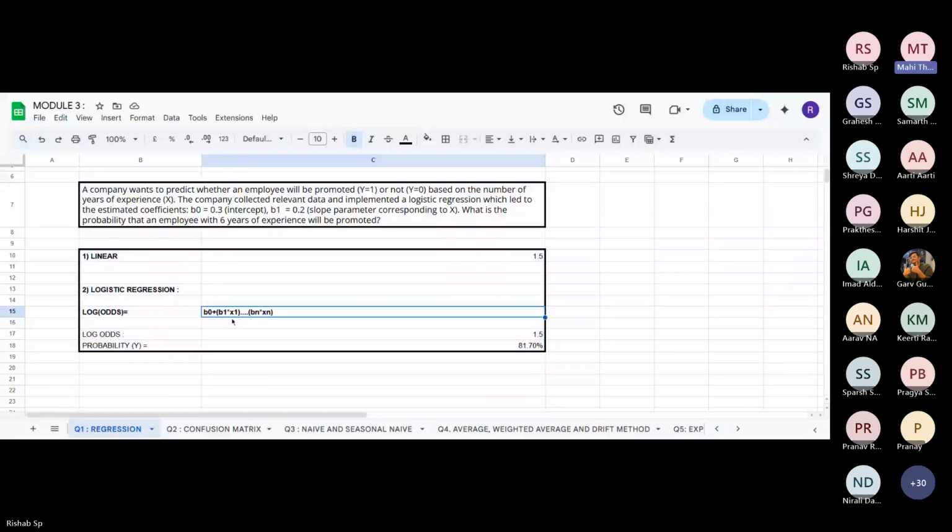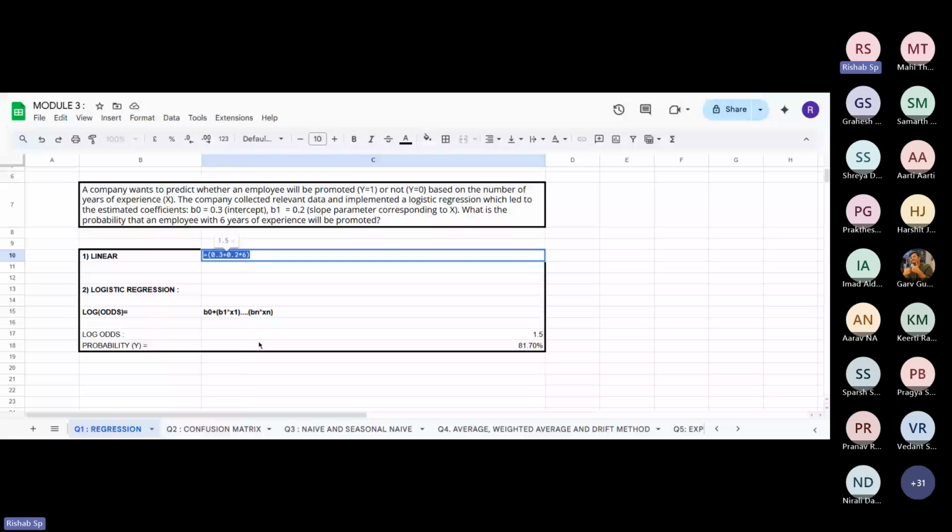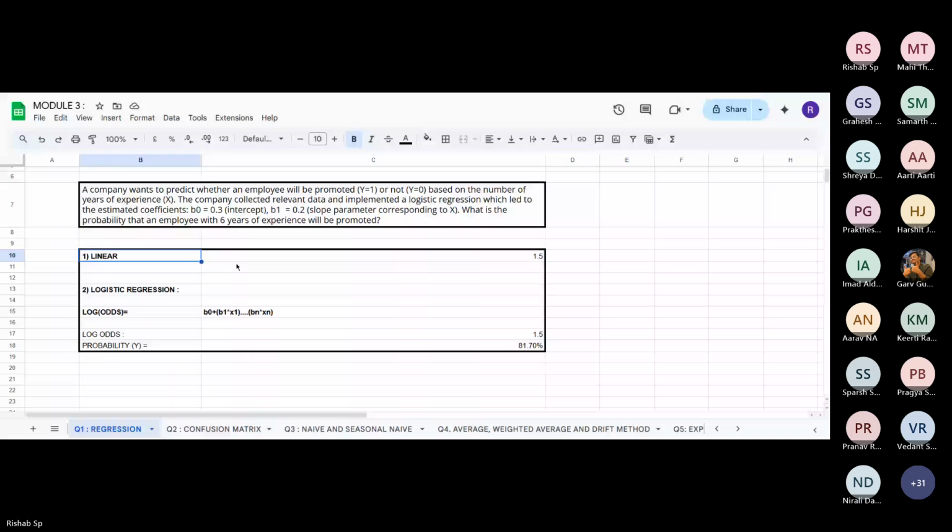Yes, there can be, because then the answer will be some value, right? If the same question they ask for linear regression, what will be the value? 1.5. Right. We need this value anyway to find logistic regression. So yes, there can be questions like that. Okay.